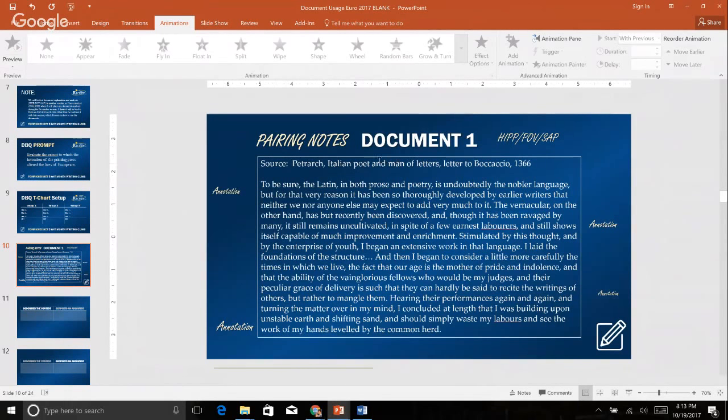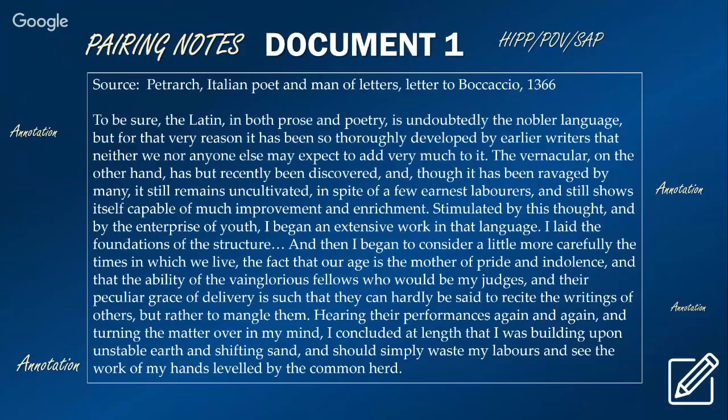All right, so Petrarch, Italian poet and man of letters, letter to Boccaccio, 1366. To be sure, the Latin in both prose and poetry is undoubtedly the nobler language, but for that very reason, it has been so thoroughly developed by earlier writers that neither we nor anyone else may expect to add very much to it.